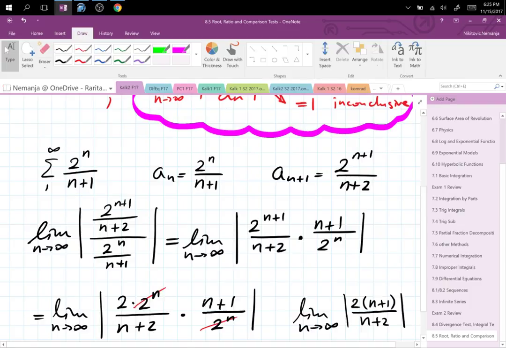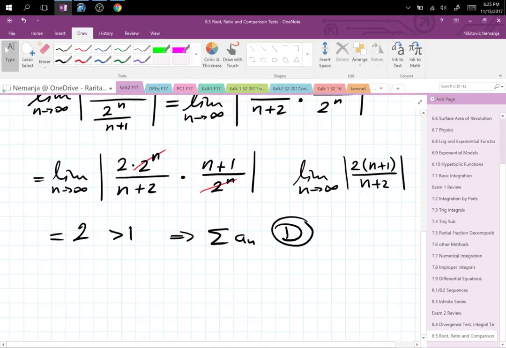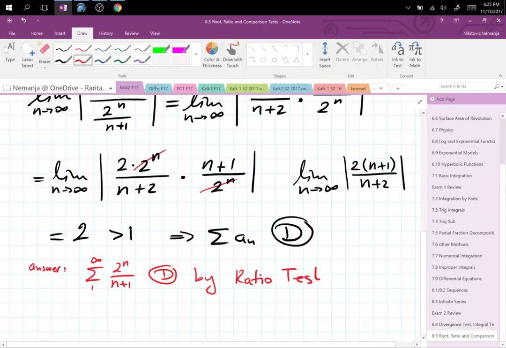Calculus 2 is knowing what to do and what to set up, and also writing the answer. So what's the answer? The answer is series 2 to the n over n plus 1 from 1 to infinity diverges by ratio test. That's the answer.